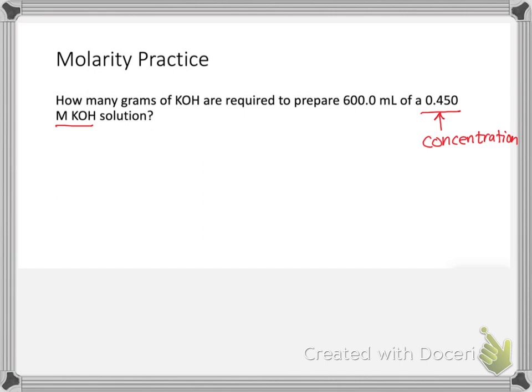And let's see how many grams. This is the solution, and I need to find the solute. Okay, so I'm going to show this again two ways. Let's use our algebra.